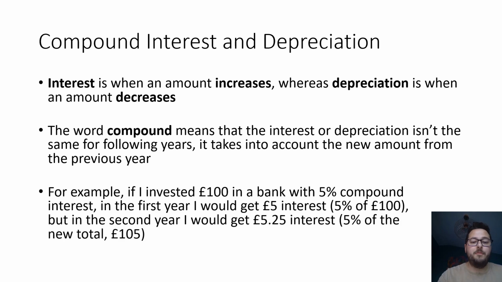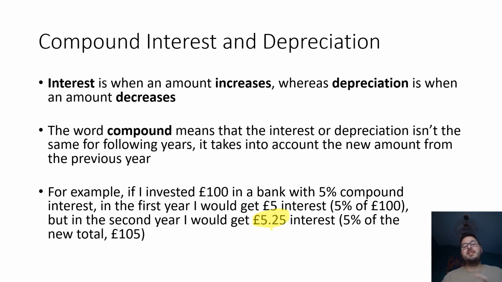So for example, if I invested £100 into a bank with 5% compound interest, in the first year I would get £5 interest because £5 is 5% of 100. Now if this was simple interest, I'd just get £5 every year. It'd just be based on that original amount. But because it's compound interest, in the second year I'm going to get 5% of the new total, £105. So I'd get a little bit more interest. I'd get £5.25 like it says here.